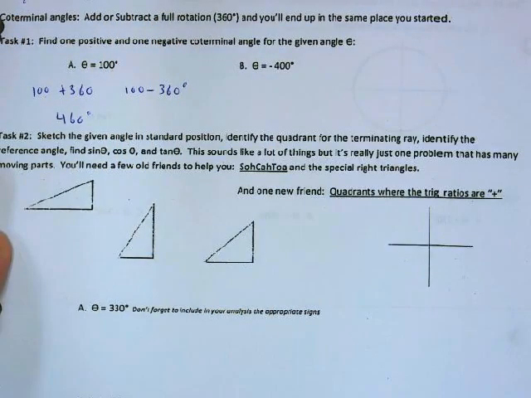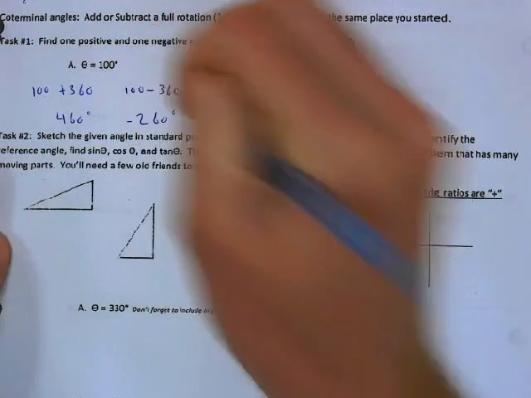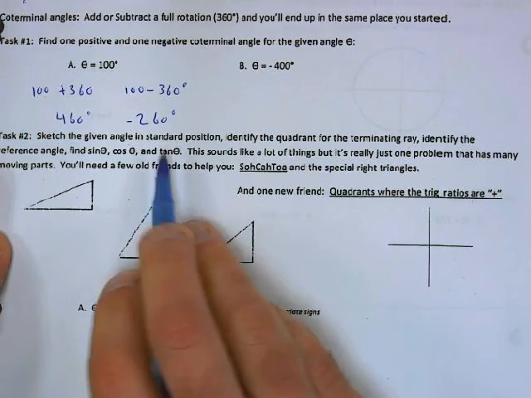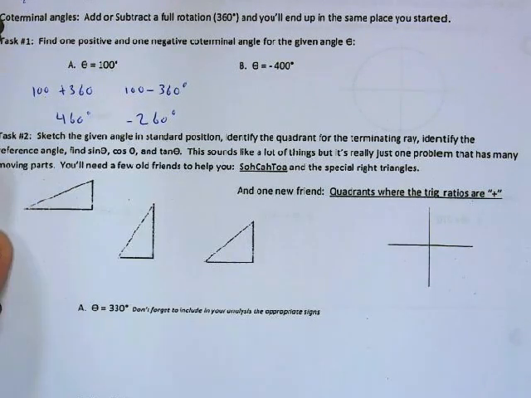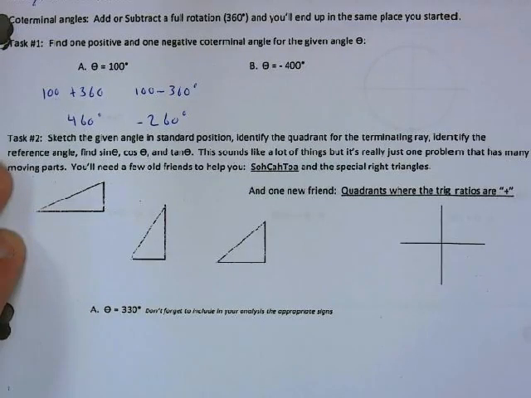Subtract one full rotation, so rotate clockwise instead of counterclockwise, and we'd end up with an angle of negative 260 degrees. That's going to be a coterminal angle to our original angle, because it's going to have the same terminating ray, same quadrant, same reference angle, etc. That's all we do: we're adding or subtracting the full rotation to get a coterminal angle.